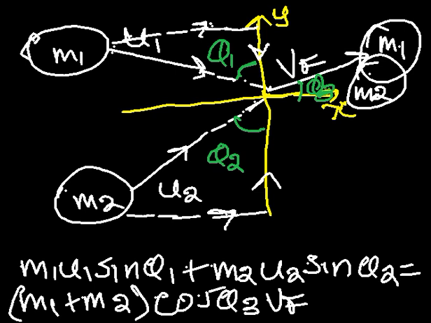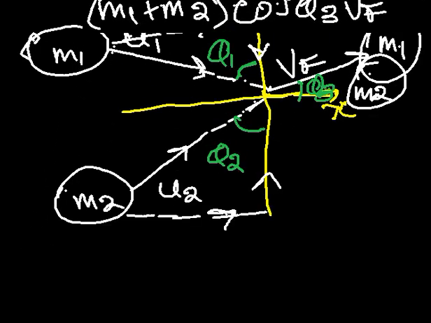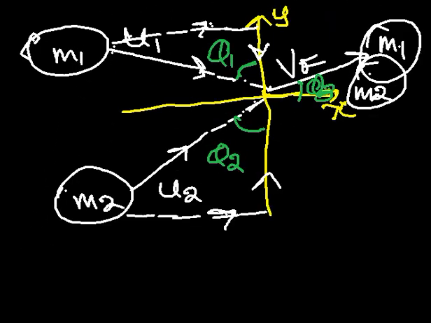On the same case, let's analyze the collision along the y-axis. So also have it in the same way. The initial momentum for object 1 along y is negative because it is pointing downwards.